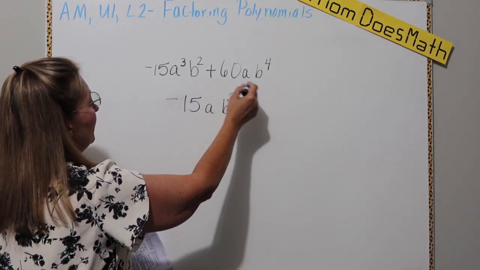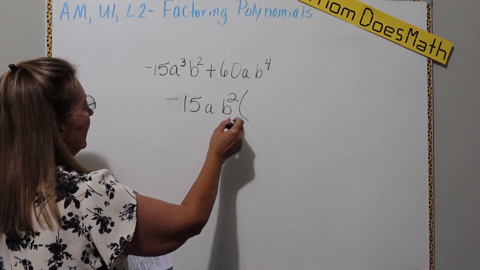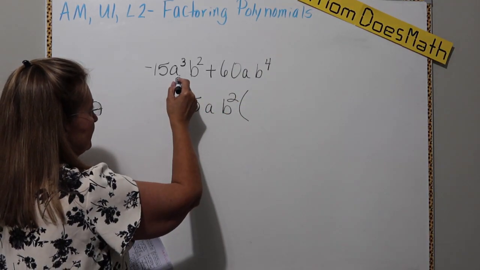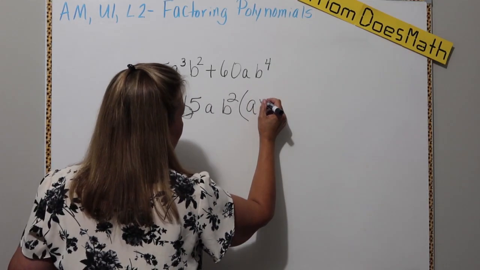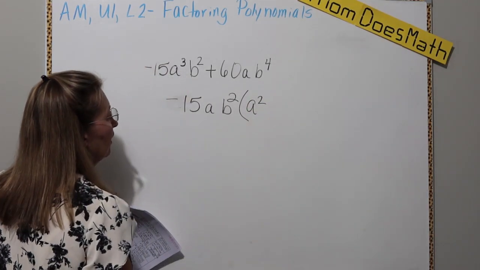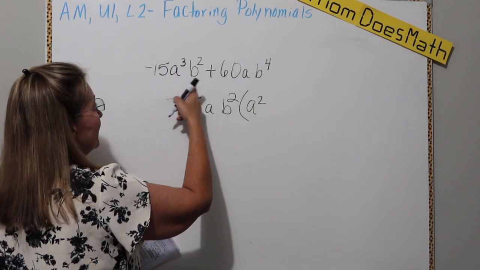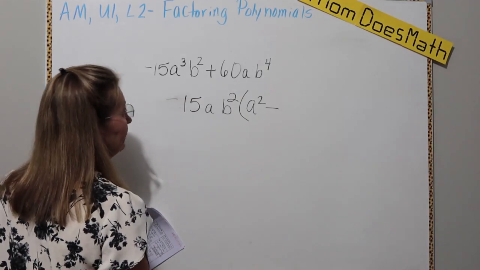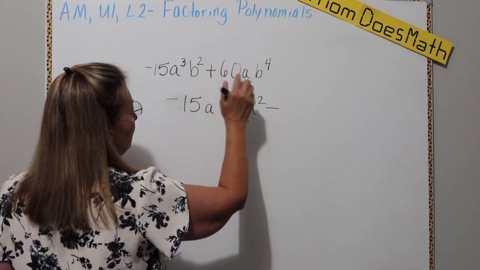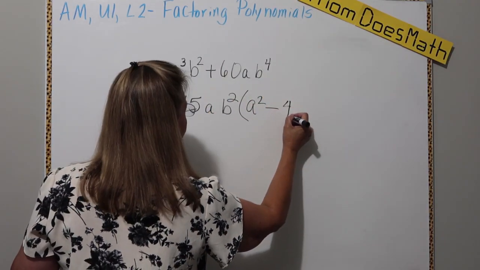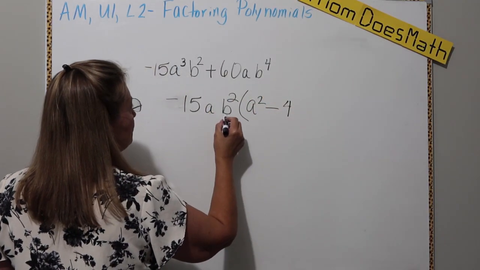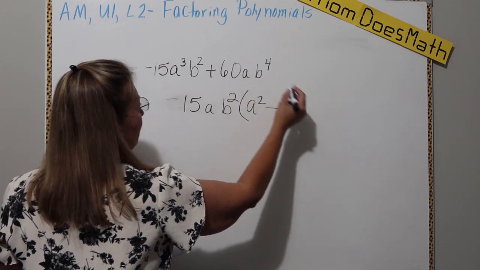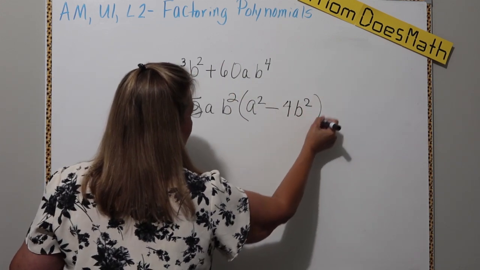Alright. Now what would I multiply negative 15ab squared by to get this back? Well, that's going to be a squared. Alright, now since I'm factoring out a negative, it's going to change that sign. Now how many times will 15 go into 60? 4. And then ab squared, we'll already have an a, but I'm going to need a b squared.